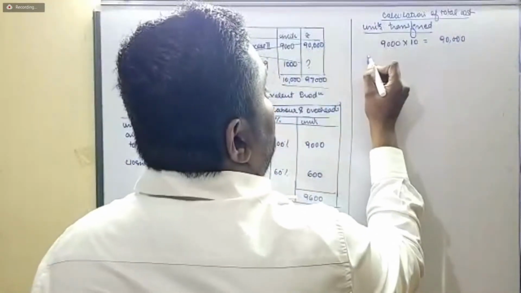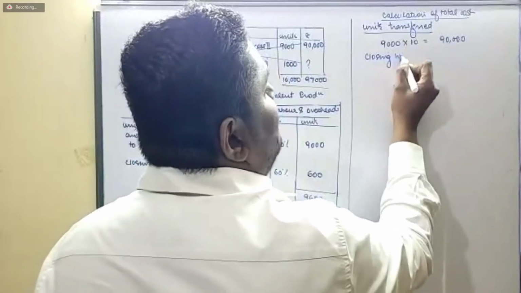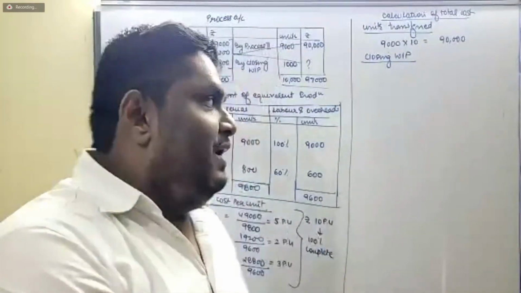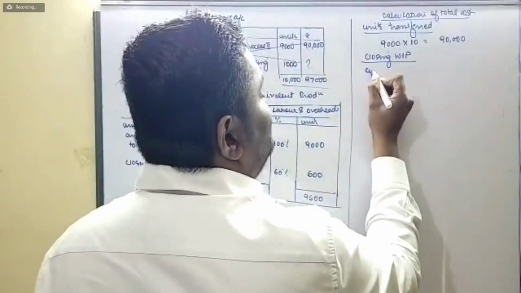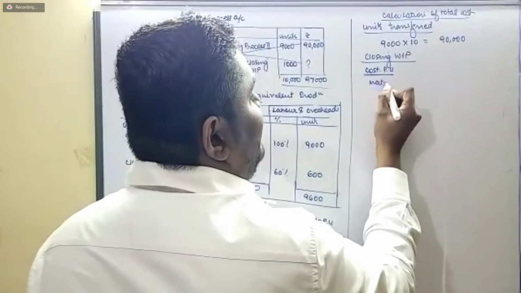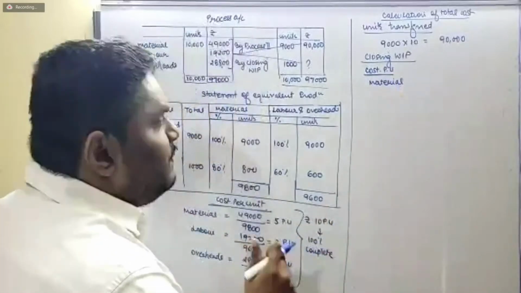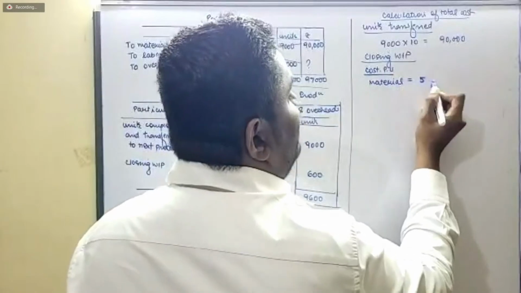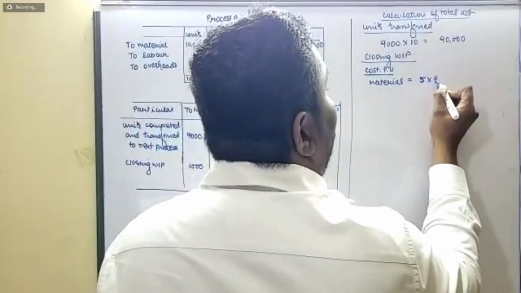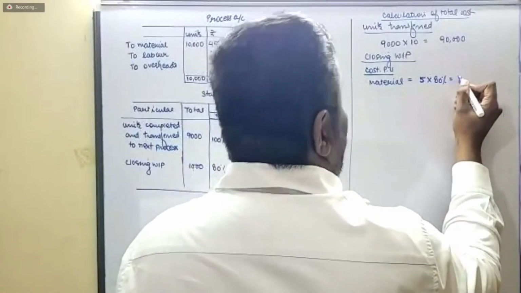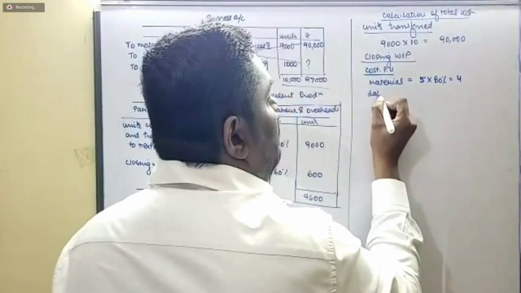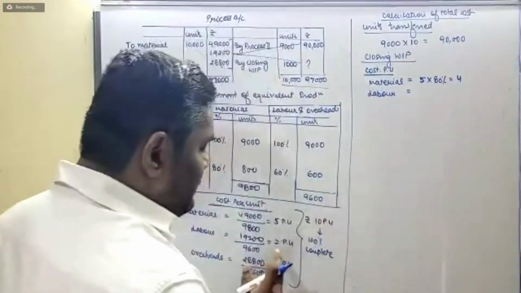Now when talking about the value of closing work in progress, there are two ways. Now, how to calculate? Let's calculate the cost per unit first. When talking about material, the cost per unit is how much? Rupees 5 per unit. Now, how much is the percentage of completion of material? 80%. So this is rupees 4. When talking about labor, the cost per unit is how much?